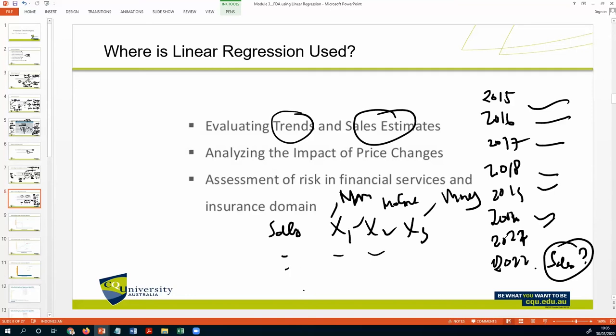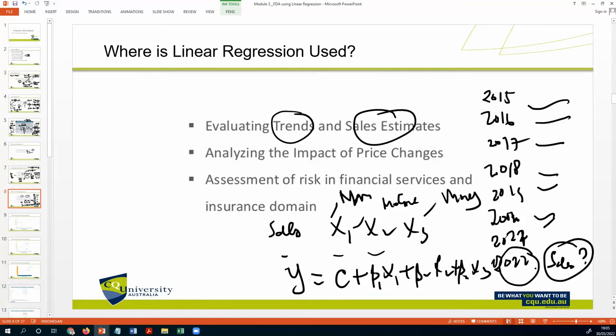You can identify the model y equals constant plus beta1 x1 plus beta2 x2 plus beta3 x3. So given 2021 with x1, x2, and x3, how much is the sales? You can estimate the sales using the regression model.